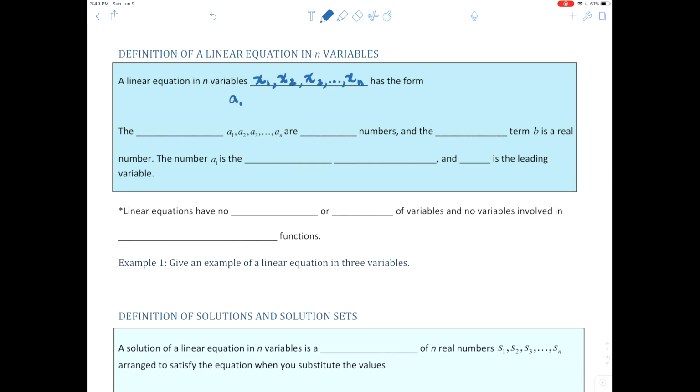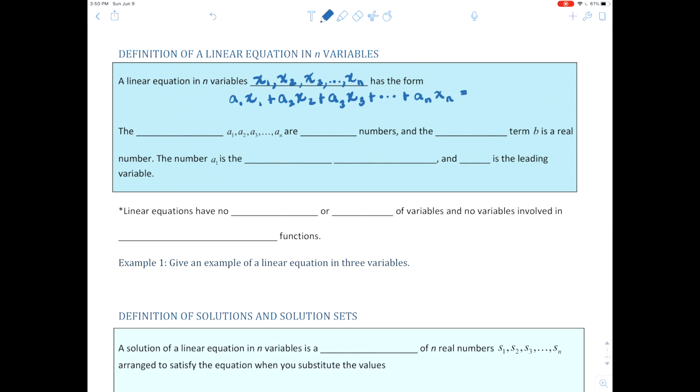So you have the coefficient for x1 we'll call a1. The coefficient for x2 we'll call a2. Coefficient for x3 we'll call a3. I think you're seeing the point here. And this would go all the way to an times x sub n.